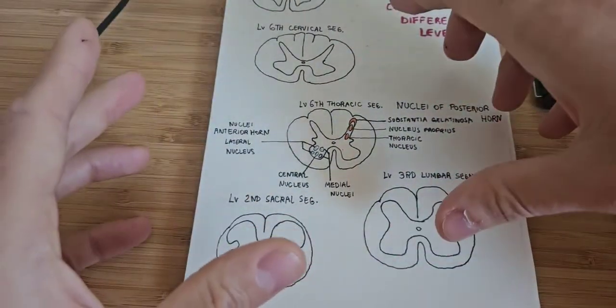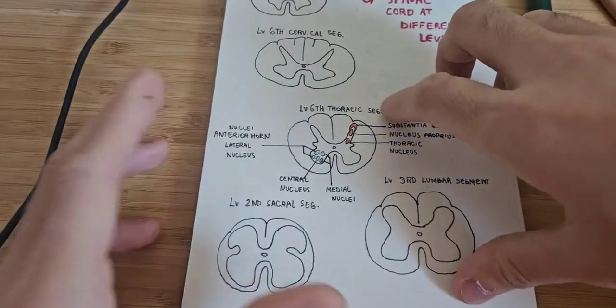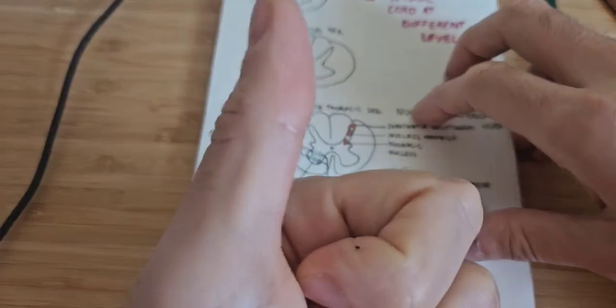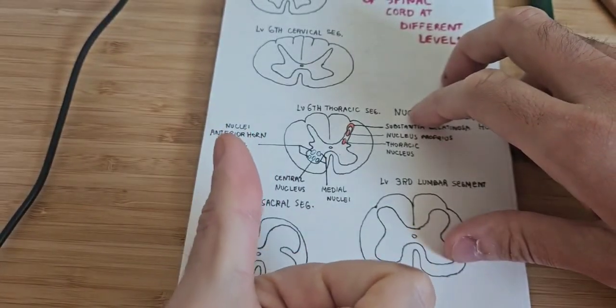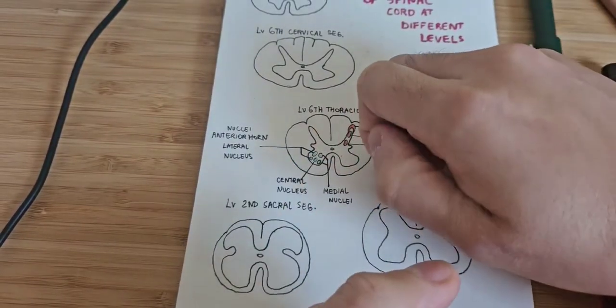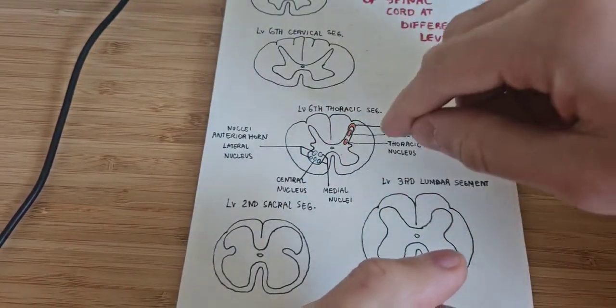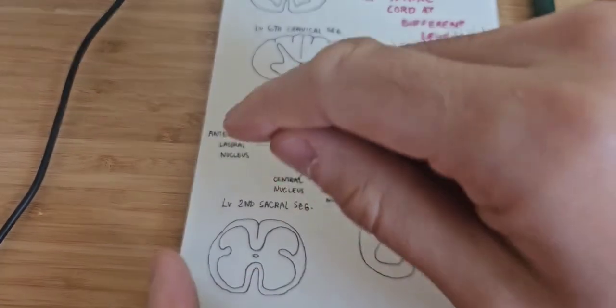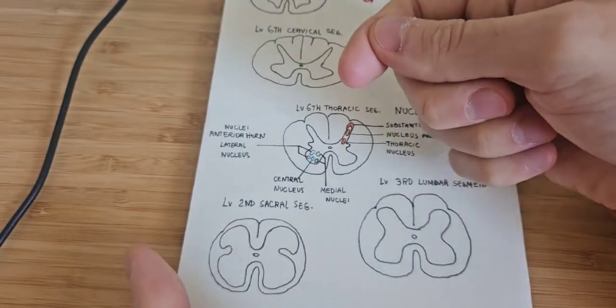Some clinical conditions that can affect the central nucleus: cervical spinal cord injury, so trauma to the cervical region usually affects and damages the central nucleus, leading to respiratory distress, sometimes failure.